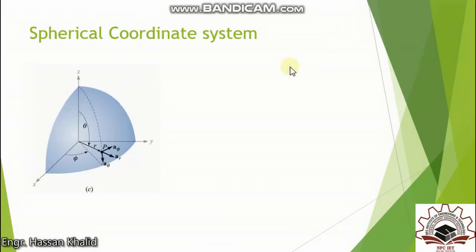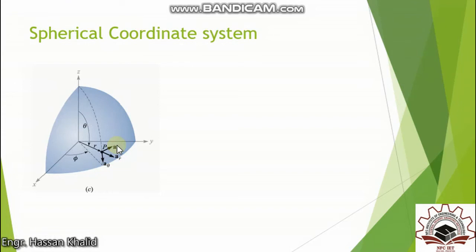Alright, now let us try to track the point P in the spherical coordinate system, and for that purpose let us extend the unit vectors in the direction of r, theta and phi. Also keep in mind that the spherical coordinate system has three coordinates: r, theta, and phi.